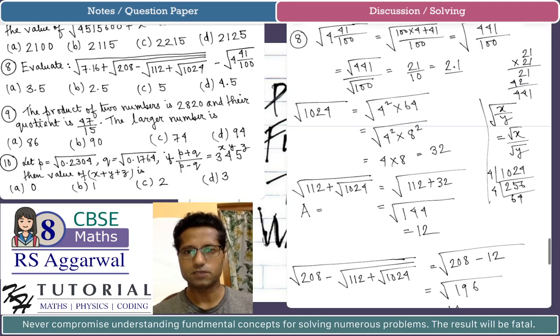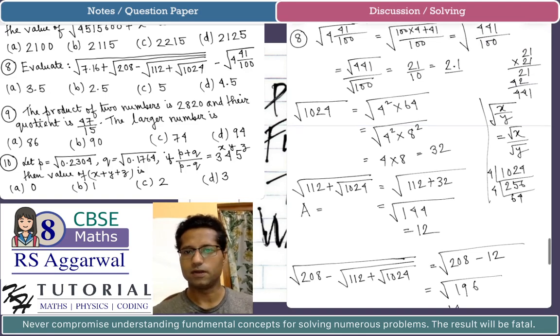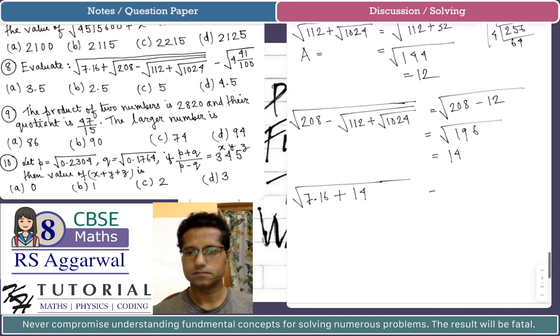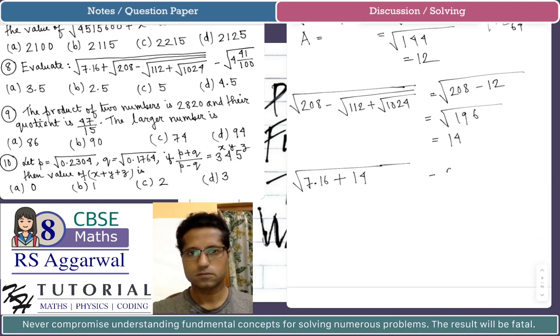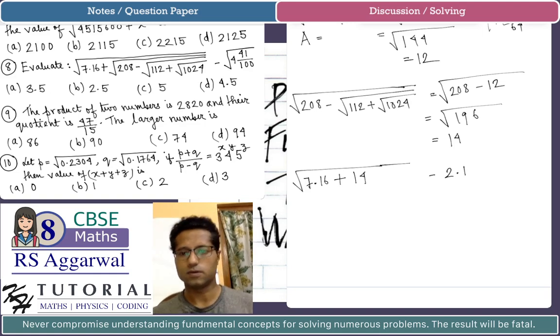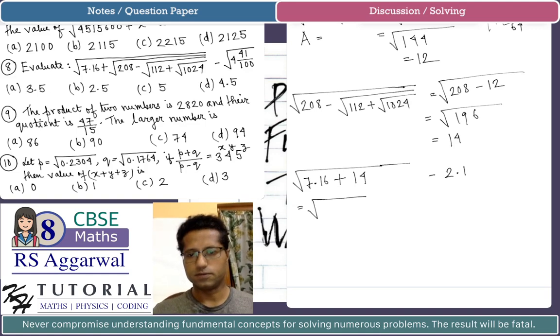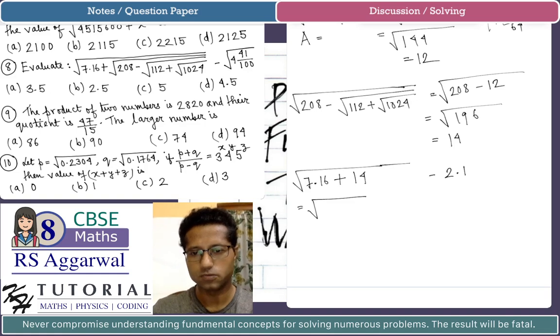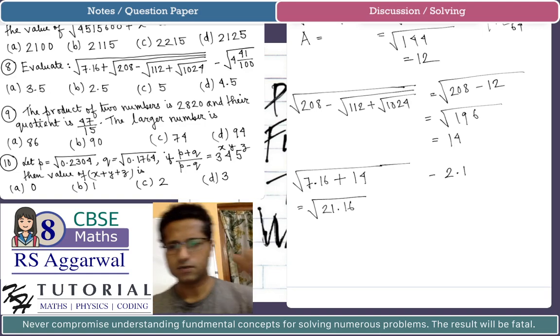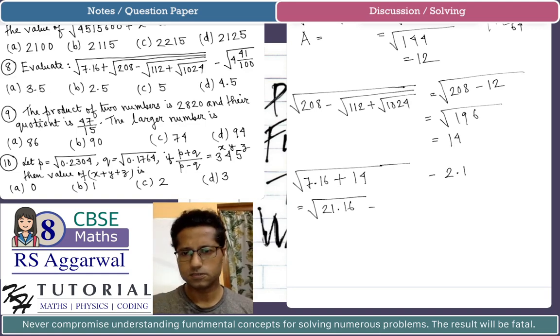The square root of the mixed fraction came out to be 21 by 10, that is 2.1. Now in the first expression we have a decimal number. So 7.16 plus 14 is 21.16. So this is minus 2.1.